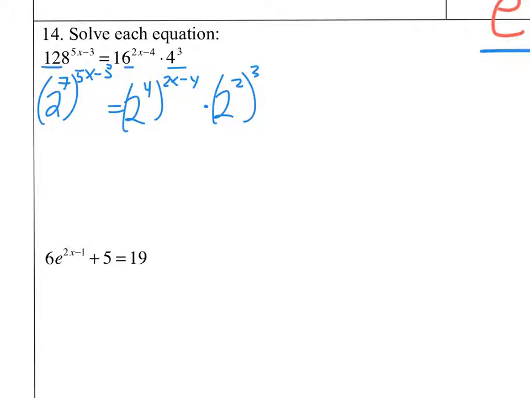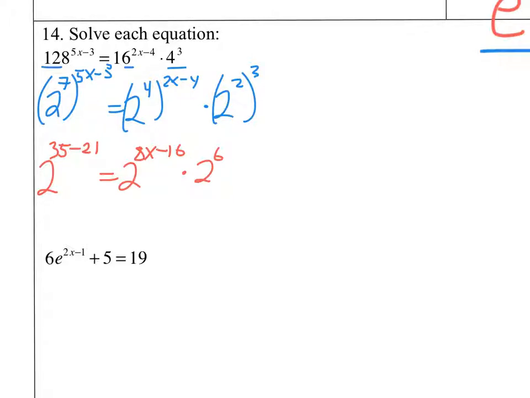I might simplify these exponents next, so we get 2 to the: 7 times 5x is 35x, 7 times 3 is minus 21. We've got 2 to the: 4 times 2x is going to be 8x, 4 times negative 4 is minus 16. And then 2 to the 6.